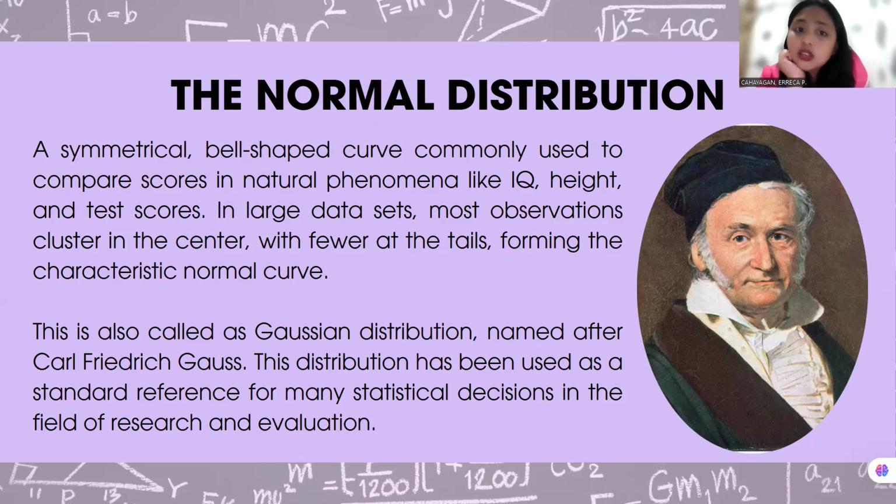Why was it so named after Carl Friedrich Gauss? The distribution has been used as a standard reference for many statistical decisions in the field of research and evaluation. So it's called Gaussian distribution, the name of a famous mathematician who studied the pattern, the one who studied the normal distribution.